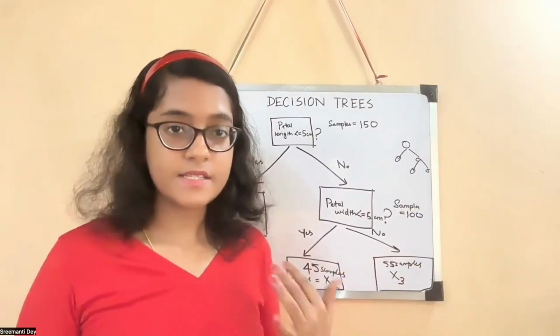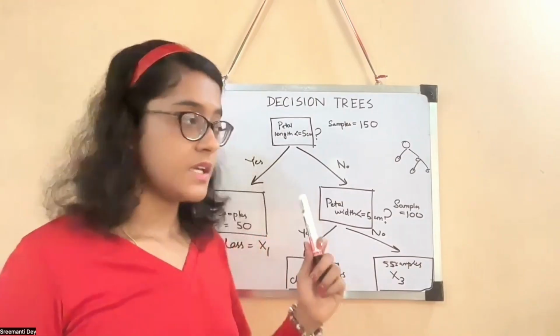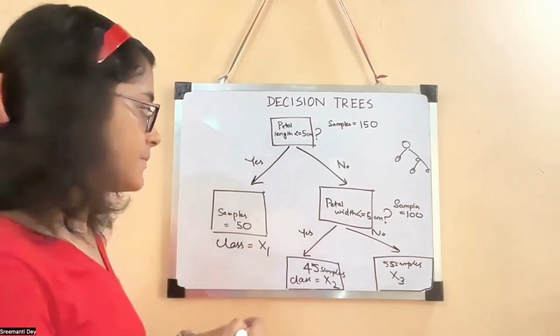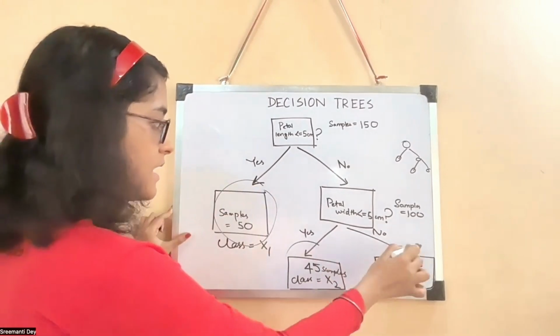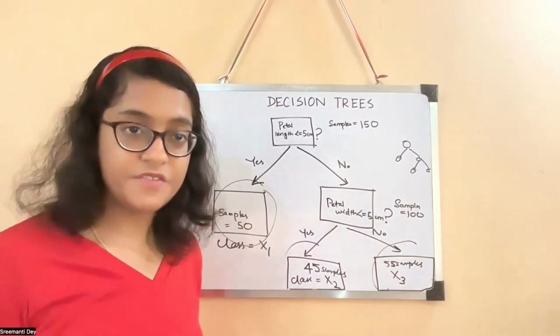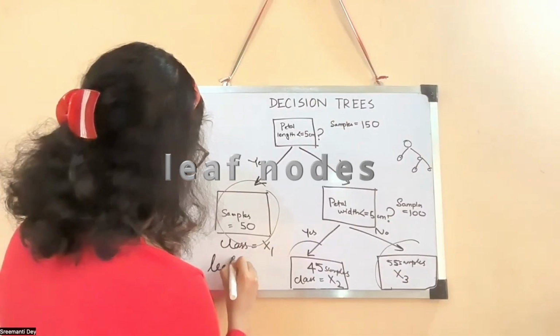Okay, so let's get acquainted with some terminology. These three are the leaf nodes. What are they?